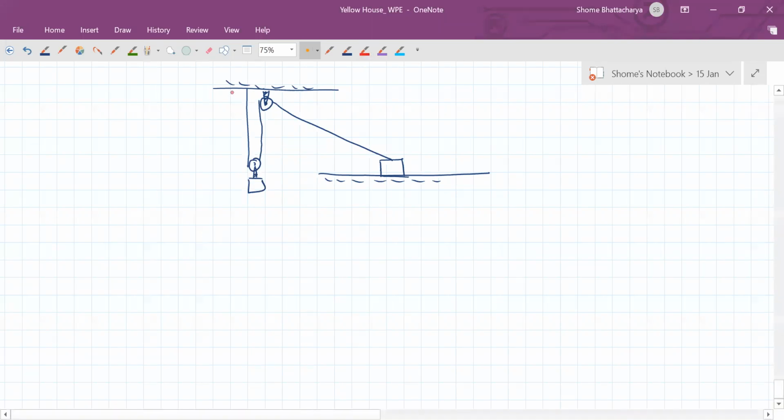So let's express this vertical distance as y, okay? And let's express this distance as z. So also this distance can be expressed in terms of the hypotenuse of these two.